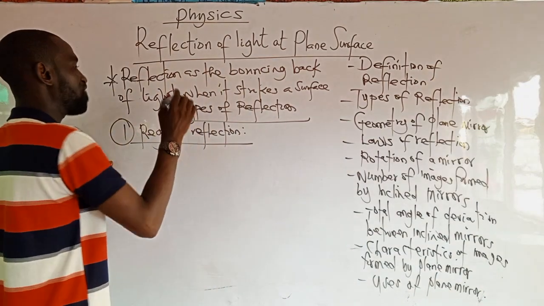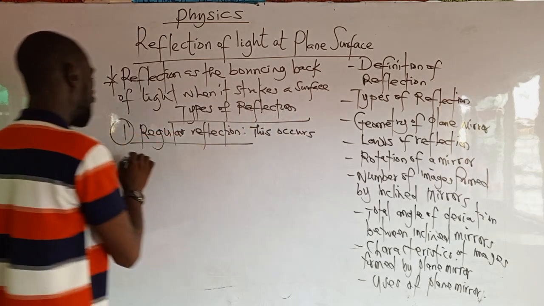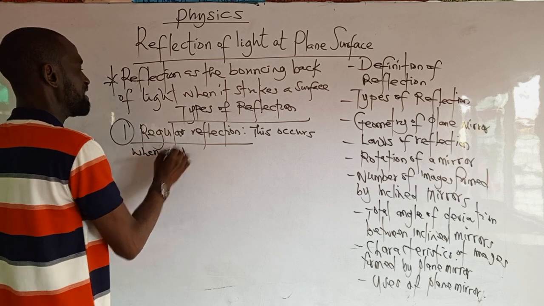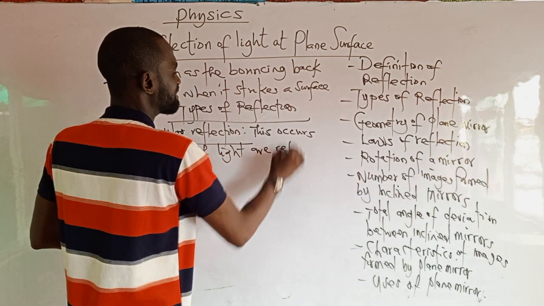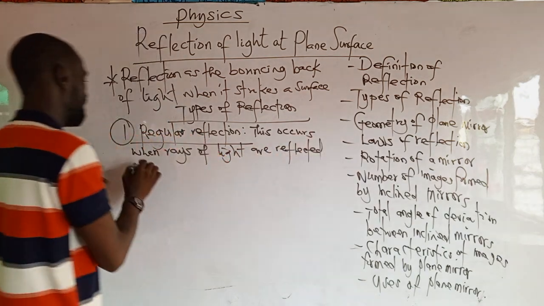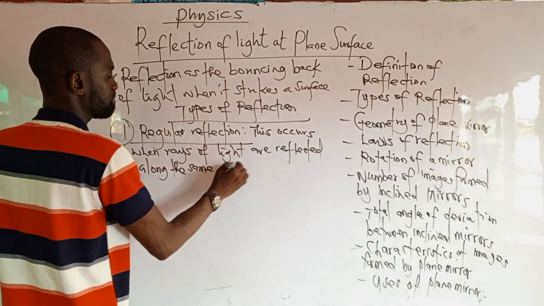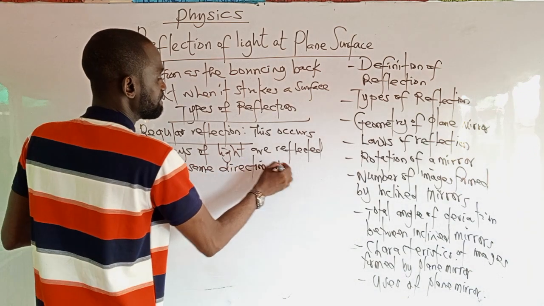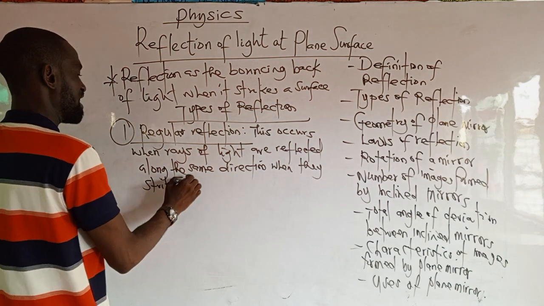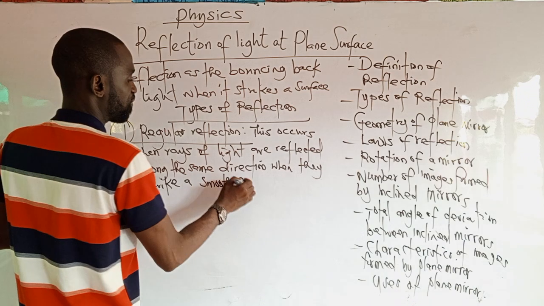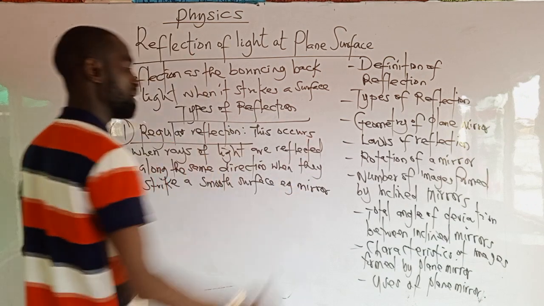So how do we define regular reflection? Regular reflection occurs when rays of light are reflected along the same direction when they strike a smooth surface, for example a mirror, the plane mirror.